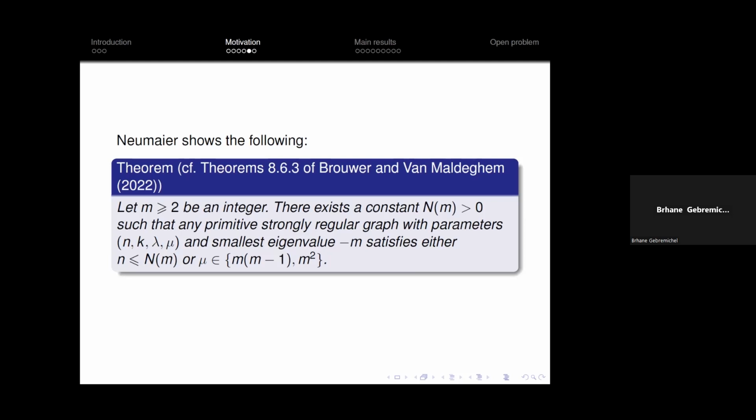This means we have a Latin square graph, or a block graph of a Steiner system, or the order of the strongly regular graph is bounded by some constant.